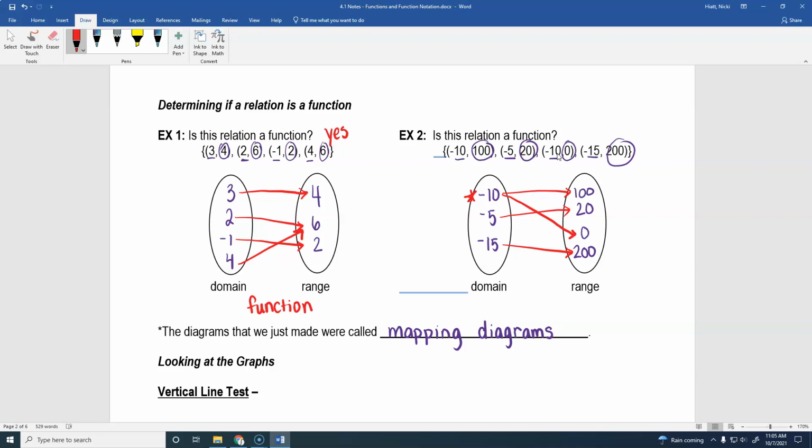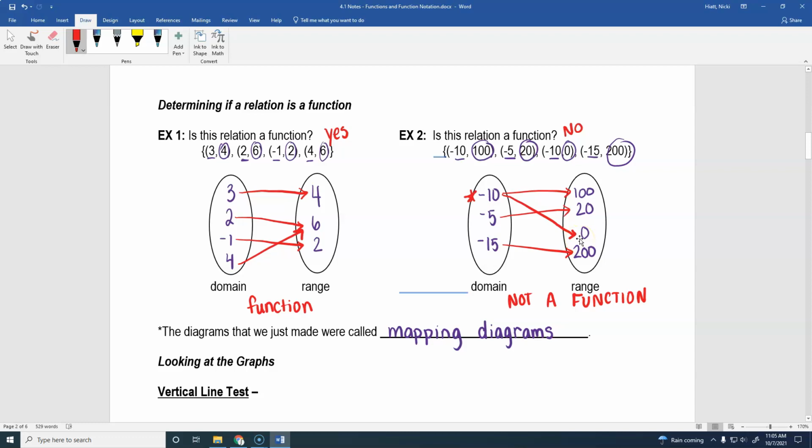So this one would be a no. This one is not a function. So if you have an x value that has two y values, it is not a function.